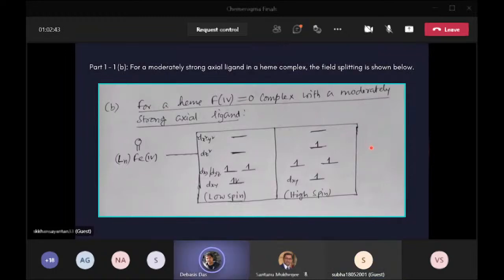Okay, I just asked this question because in the later part, for the high spin, you specifically mentioned that the extra electron or the fourth electron will go to dz square. Why not dx square minus y square? I mean, it was a bit experimental, I guess, because the electron will favorably go to that level where the energy to be excited is less.